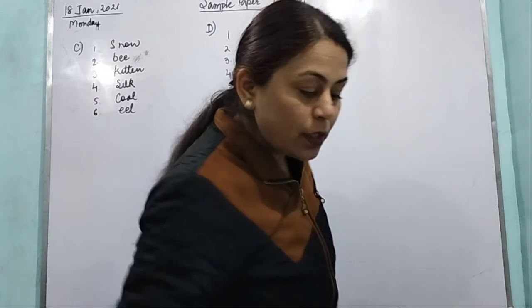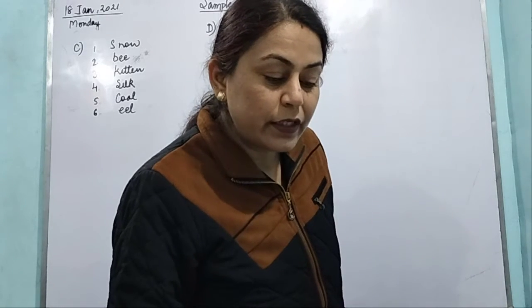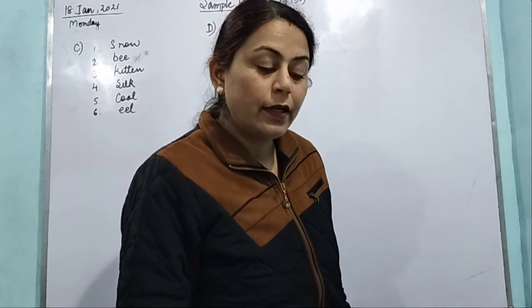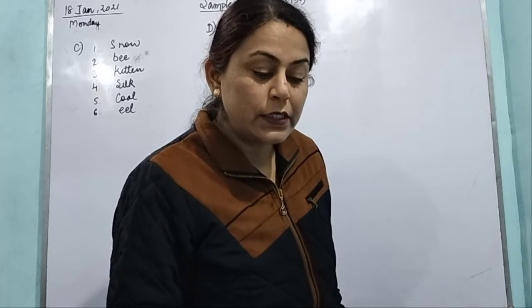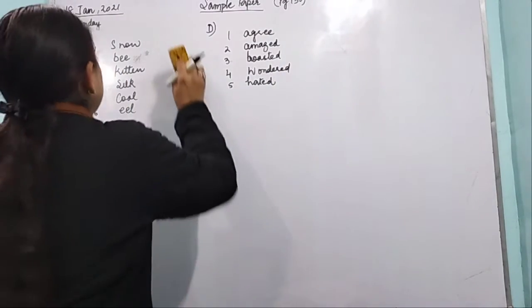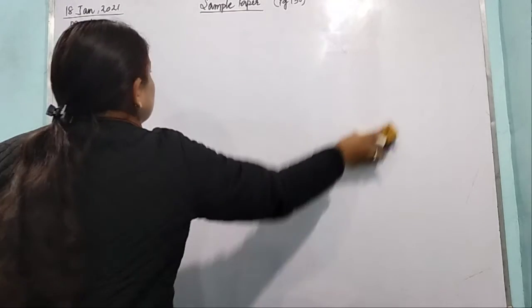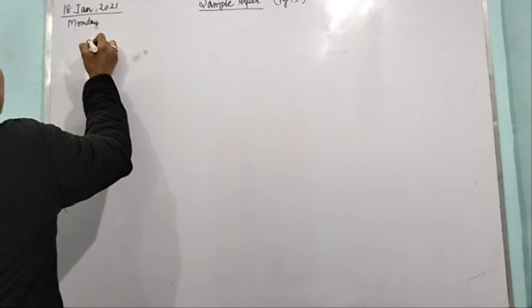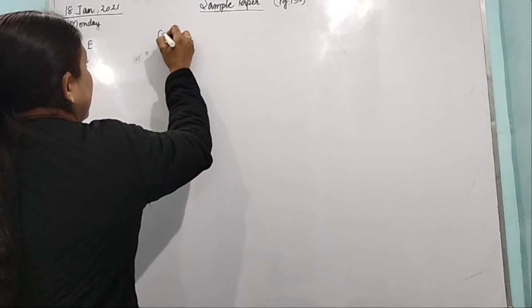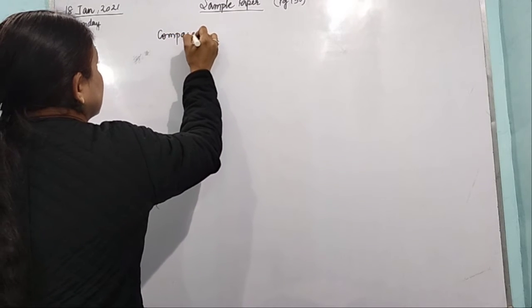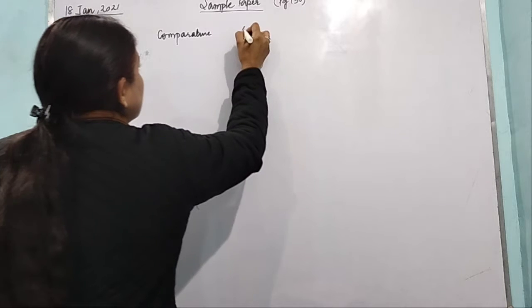The next is, what are the comparative and superlative? It is written superline. Correct it. It is superlative forms of these adjectives. So this is E part. We have to write comparative and superlative.